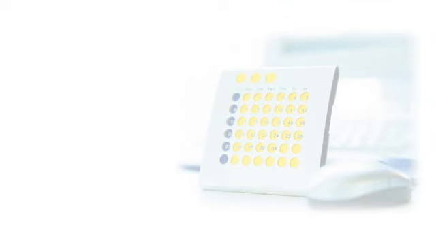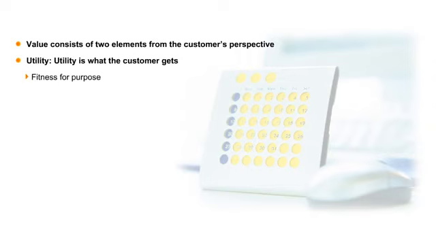From the customer's perspective, value consists of two primary elements: utility or fitness for purpose, and warranty or fitness for use. Utility is perceived by the customer from the attributes of the service that have a positive effect on the performance of tasks associated with desired outcomes.